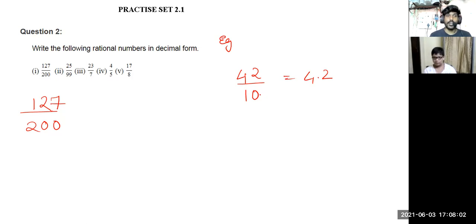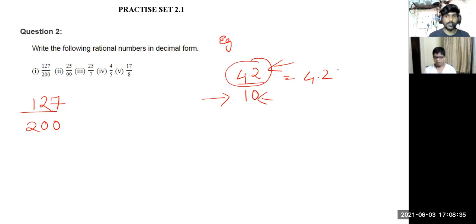Dividing method. Okay. Now here, if you see, there is 10 in the denominator. So suppose in the denominator there are numbers like 10, 100, 1000, and so on, you just put a decimal depending on the number of zeros. Here 10 has one zero, so from the right-hand side of the numerator, after one number, you just put a decimal.